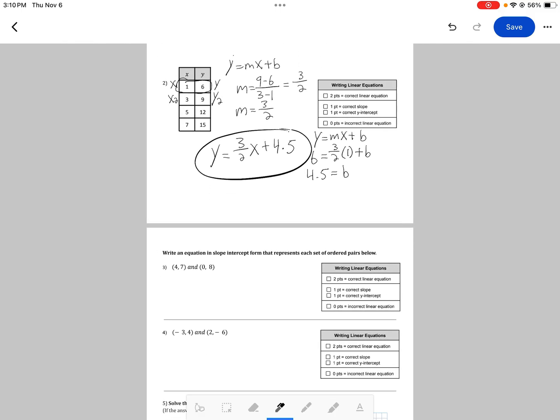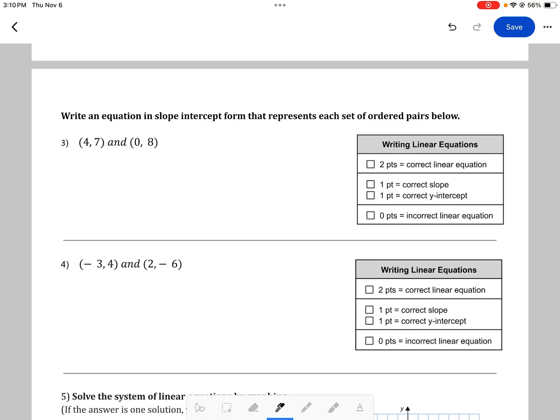All right, moving down to number 3. It says write an equation in slope-intercept form that represents each set of ordered pairs below. All right, so we're still using our y equals mx plus b, and we're using our slope formula, which is m equals y2 minus y1 over x2 minus x1.